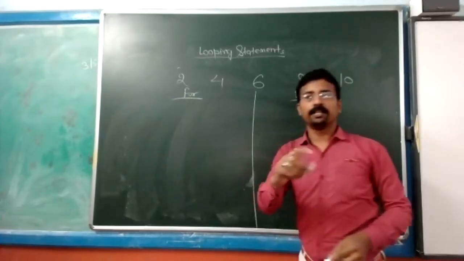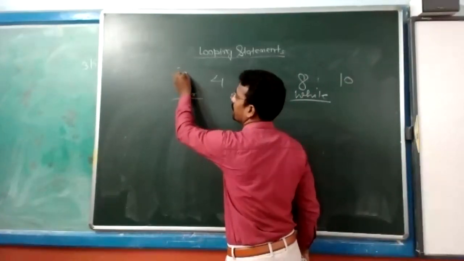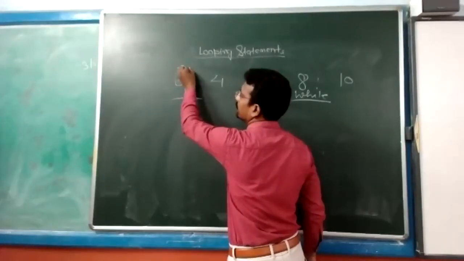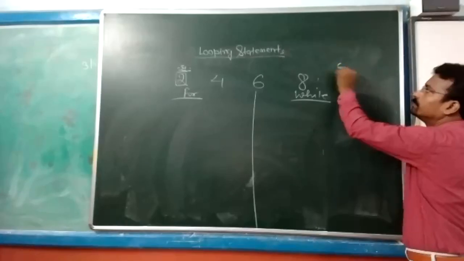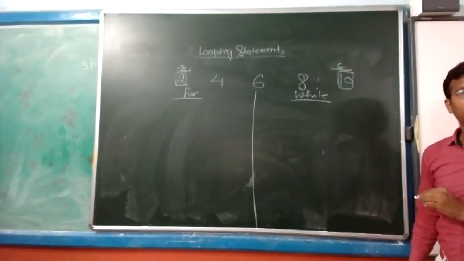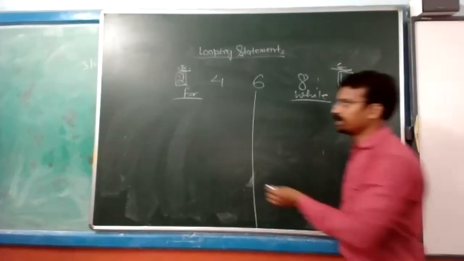If especially not said. See, in a for loop first we have to predict the starting point, that is the initial value. This is the ending value. Got it? Okay now? Now what are we doing?